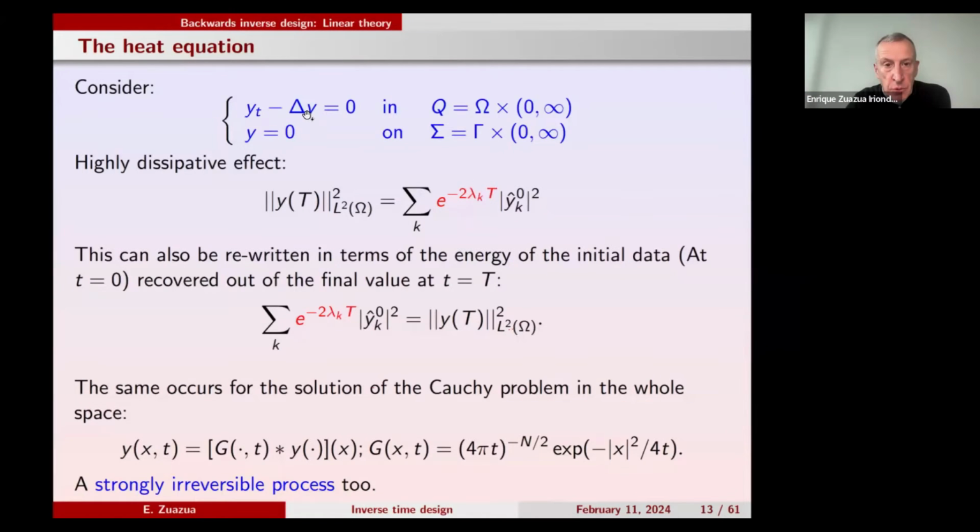So you see that when trying to solve the heat equation backwards, you are losing plenty of information, and in particular, you cannot expect to have any kind of stability or well-posedness in any Sobolev setting, right?